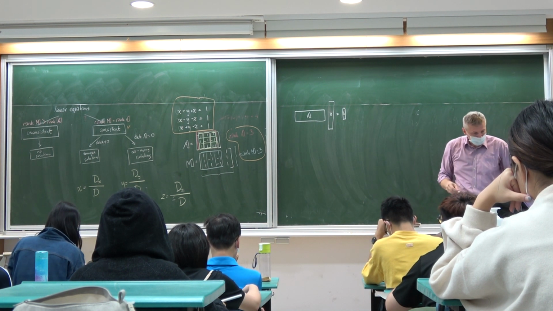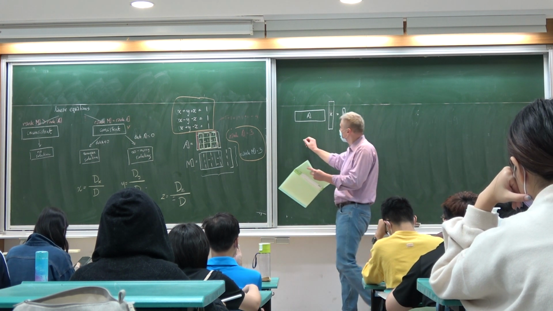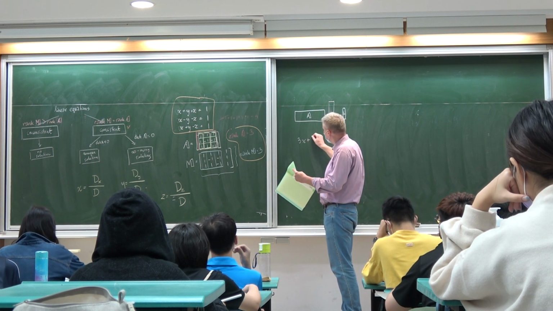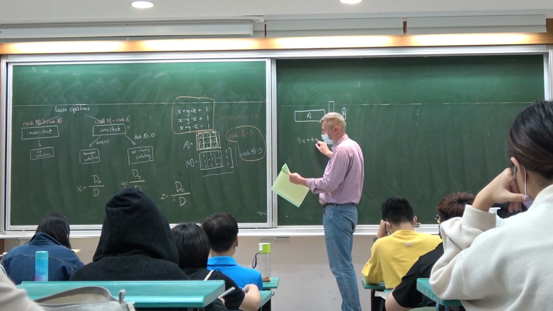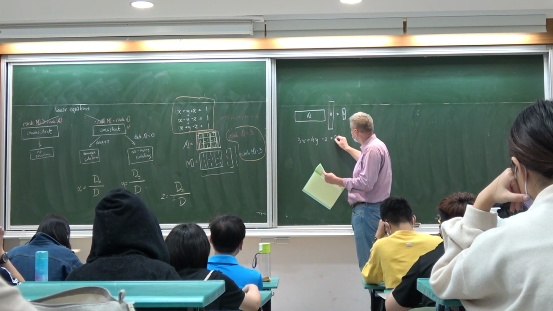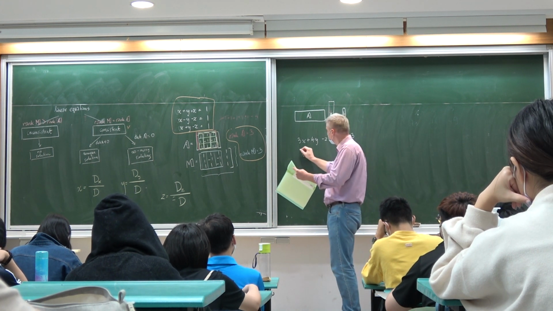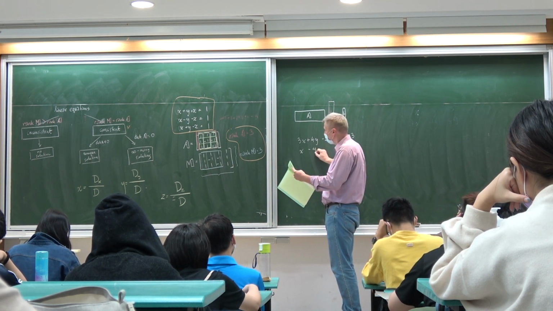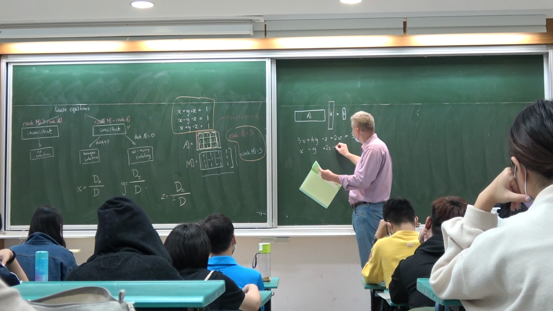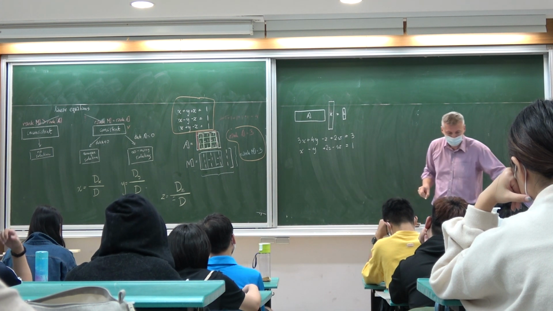For example, I prepared here a problem, let me just copy this. 3x plus 4y minus z plus 2w equal 3. X minus y plus 2z minus w equal 1.